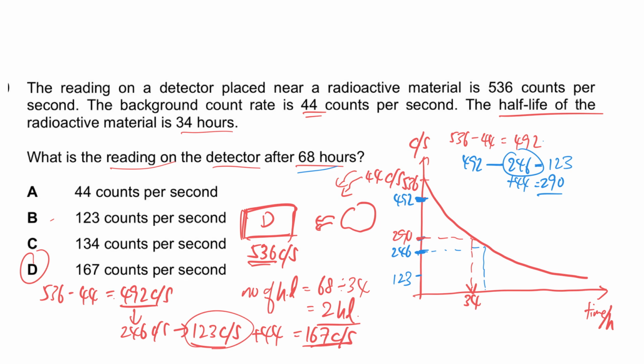But from this graph, the curve involves the background radiation. So you have to plus back 44 and that will give you 167. So the final value should be 167. Okay, so you look at the graph here, this point here will be 68. Of course my graph is not really proportional, but I hope you get the idea.